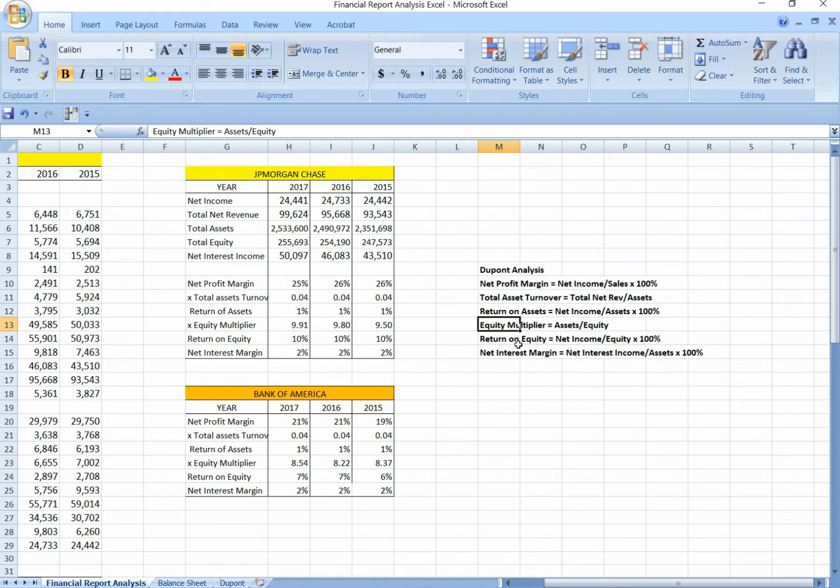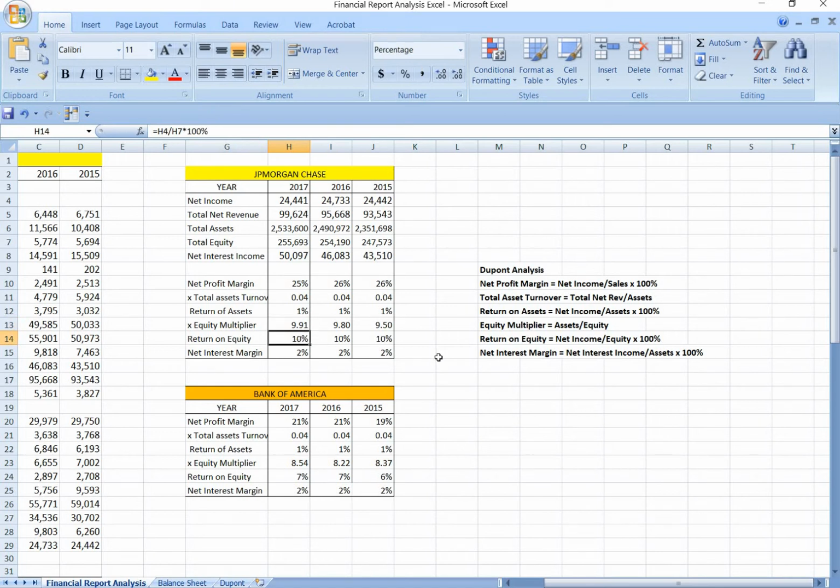On this table we can see the number is 9.50 in 2015, and moves a little bit to 9.80, and again to 9.91 in 2017. You can see on the top here the formula for how we get this.